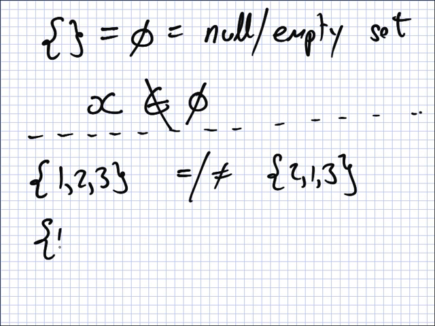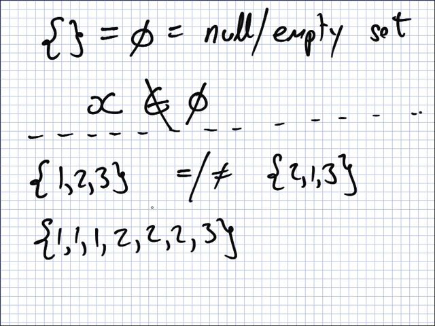And what about this one, the same or different? No, still the same. Because if I said to you, is 1 an element of this set? Yes. 2? Yes. 3? Yes. Anything else an element of it? No. That's the exact same statements I can make about this set. 1's an element, 2's an element, 3's an element, and nothing else. These are all the same.